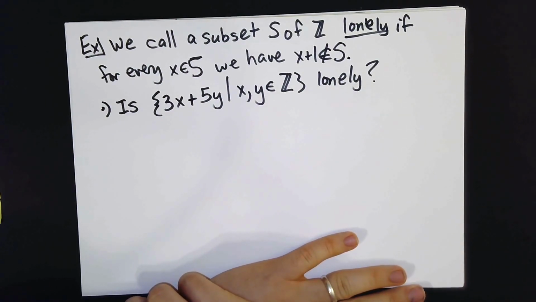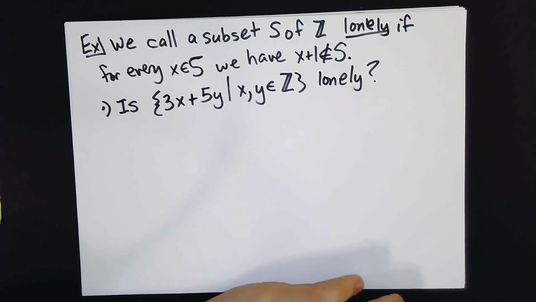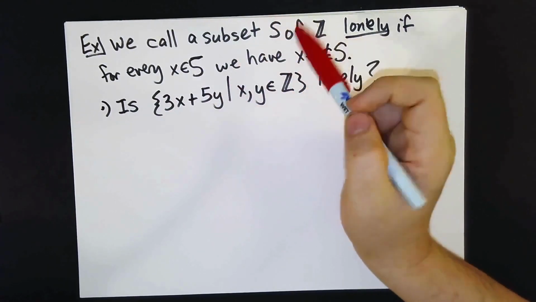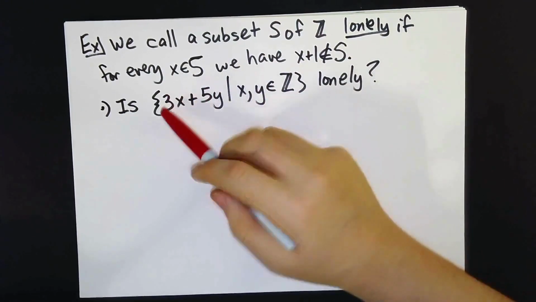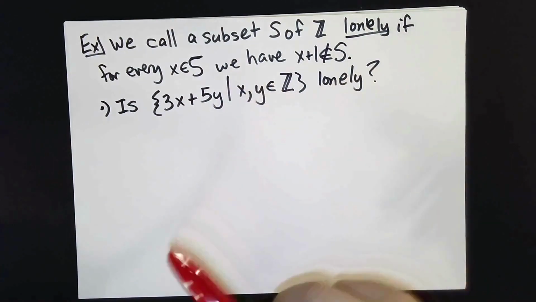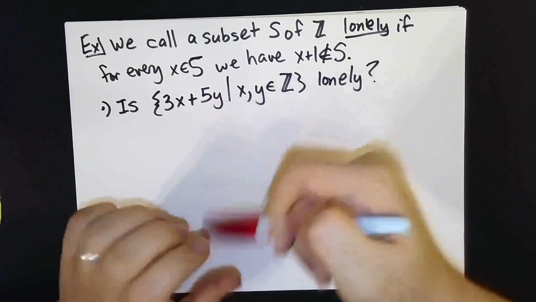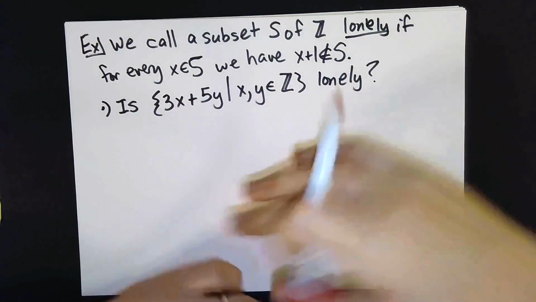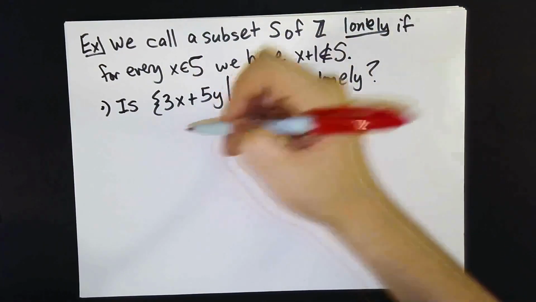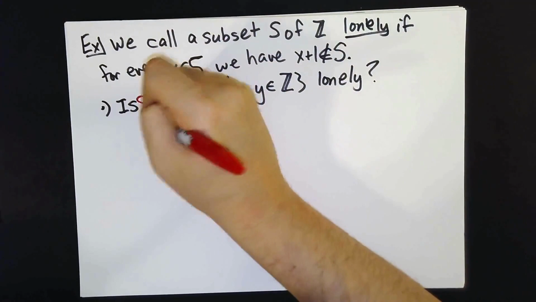So what is this set? This is the set of all numbers that can be written as 3 times an integer plus 5 times an integer. And it might take a bit, but not too long, before you realize that this set includes 6 and 5.